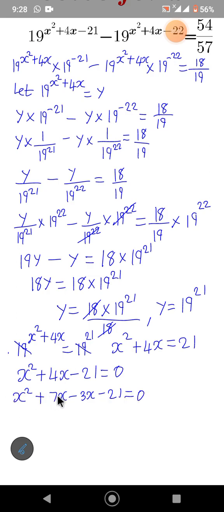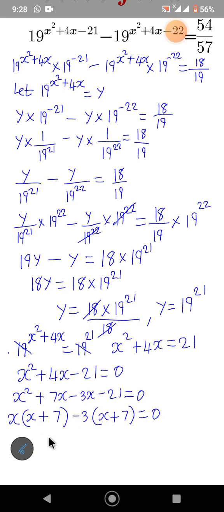Now I'm going to factorize these two. So what's common between them? X is common. So say x, open bracket. X squared divided by x is what? X. Plus 7x divided by x is what? 7. Close my bracket. Then open another bracket here again, x plus 7 all equal to 0. Then minus 3x divided by x, I have minus 3.